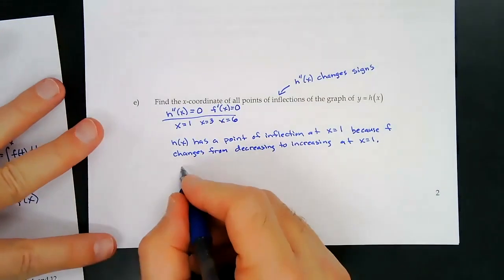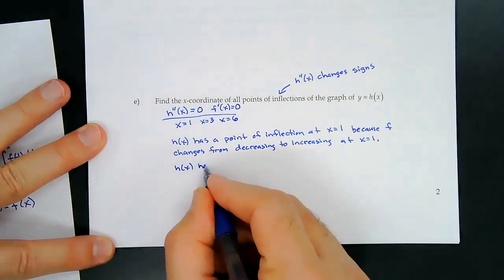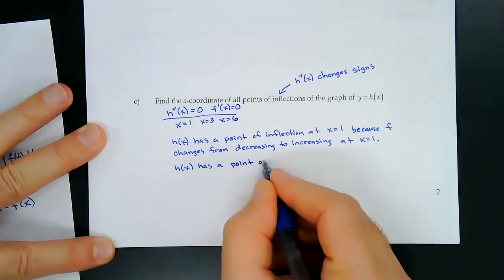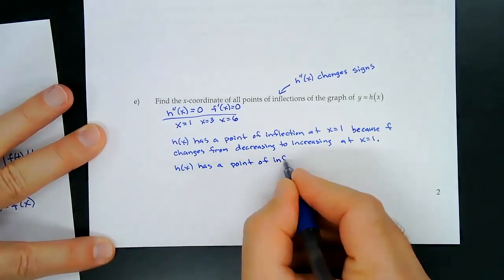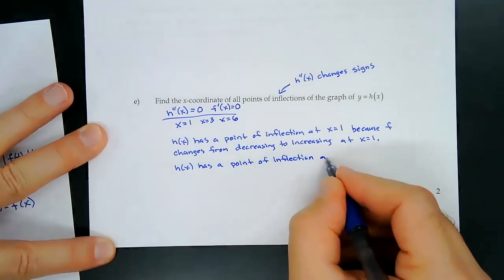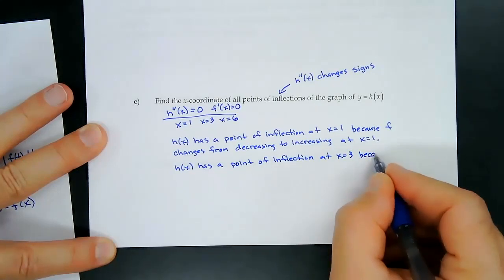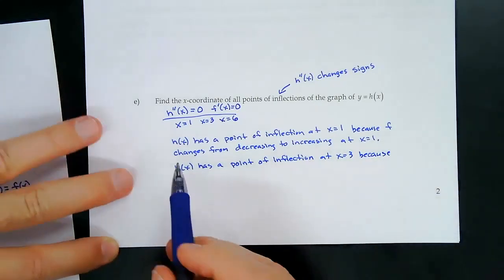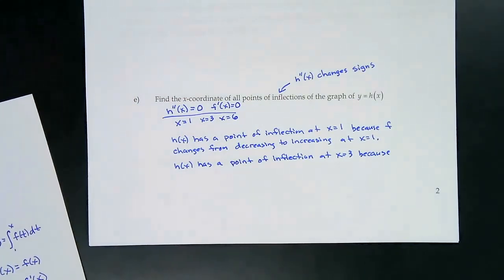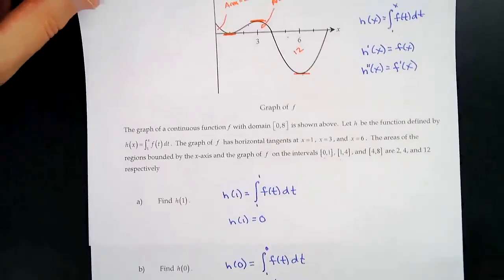At 3, h of x has a point of inflection. So h of x has a point of inflection at x equals 3 because h double prime changes signs. But how do you know h double prime changes signs? It's because f prime is changing signs.